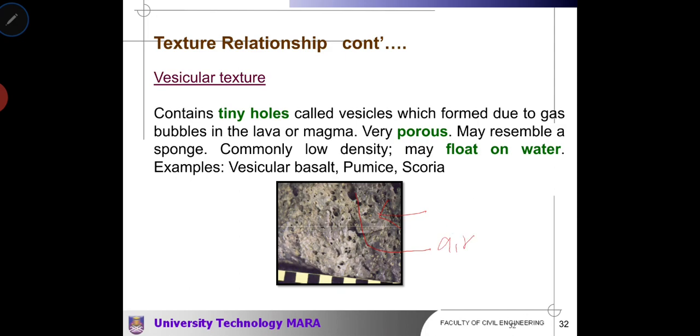Okay, why is this rock unique? Because it has low density compared with water. If you try to submerge this rock, you cannot, because this rock will float in water. The examples for this rock are scoria, pumice, and also vesicular basalt.